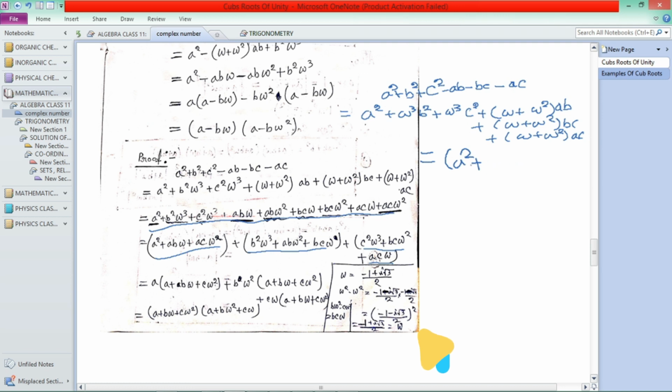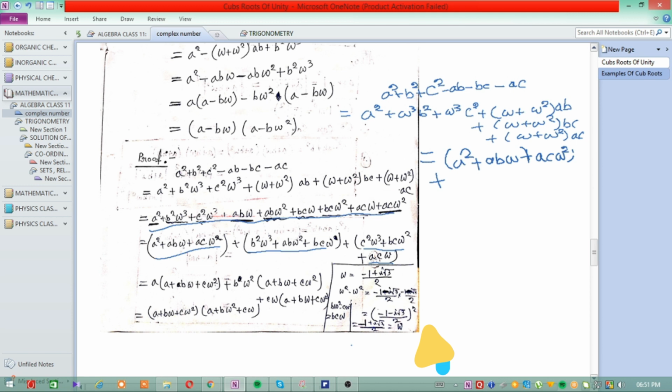So after a square, ab omega, and after this ac omega square. Here a is common.